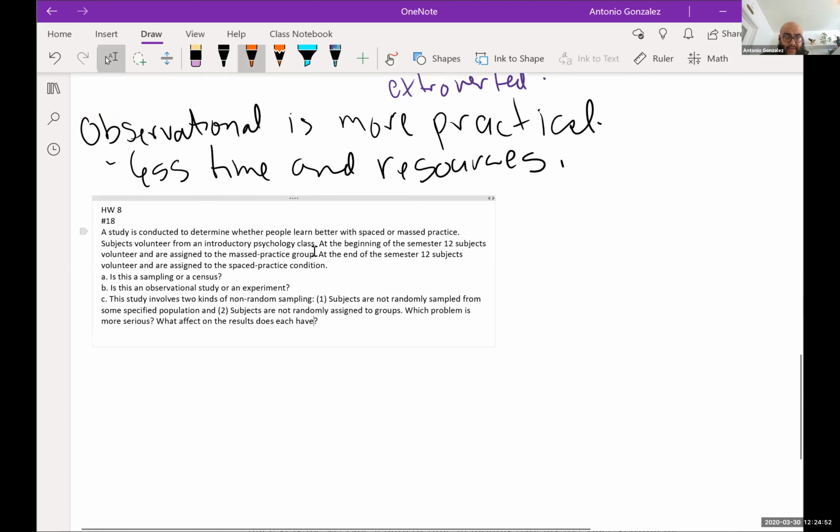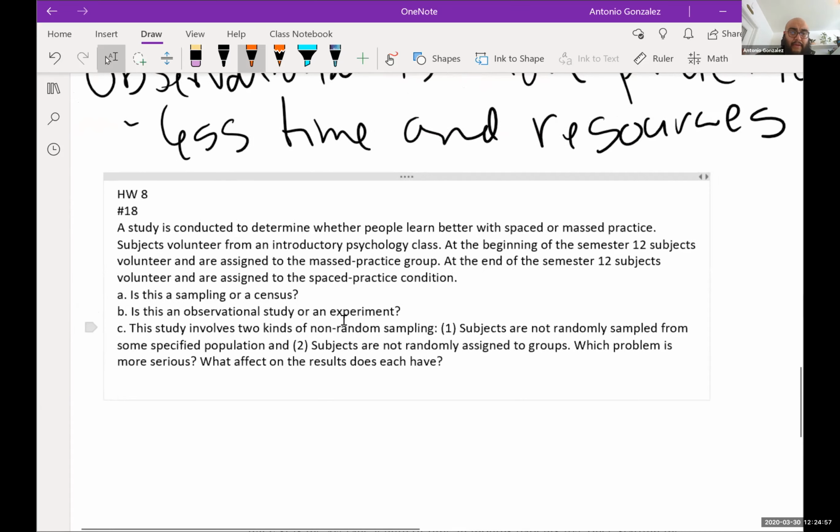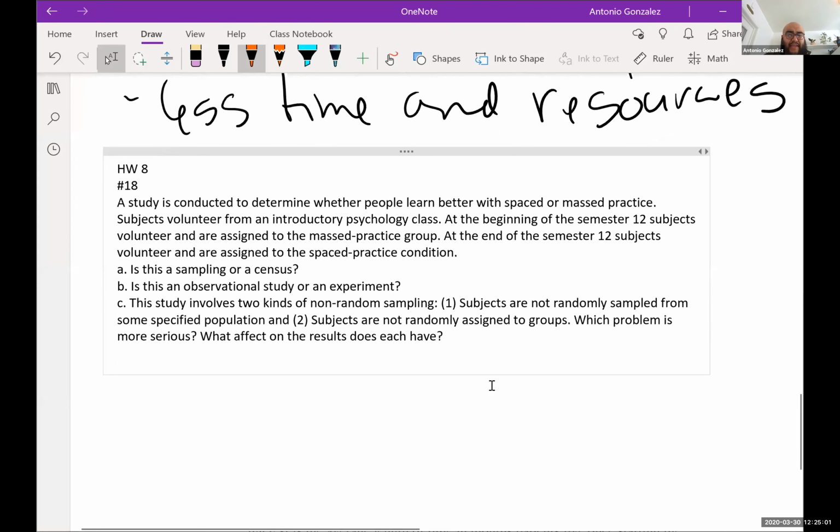Okay, so let's look at number 18 here. So it says a study is conducted whether people learn better with spaced or massed practice. Okay, so I assume massed means they're just kind of doing it all bunched up in a shorter time period, as opposed to spaced being more spaced out, more time, the same amount of practice, I'm assuming.